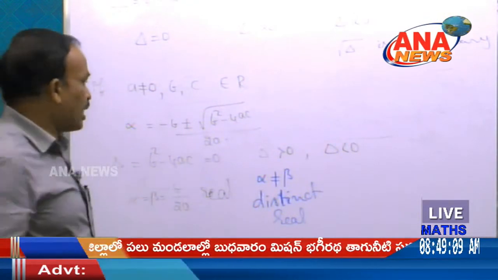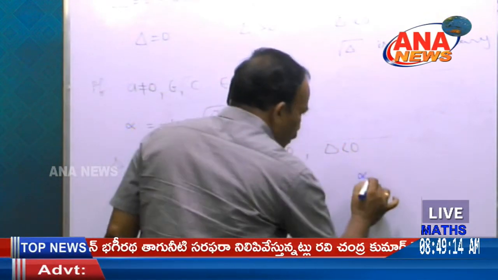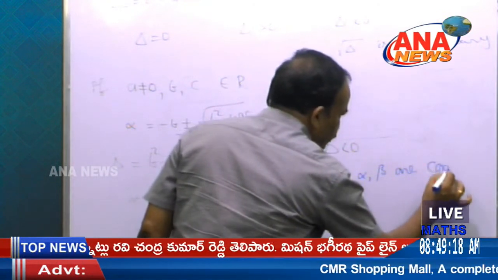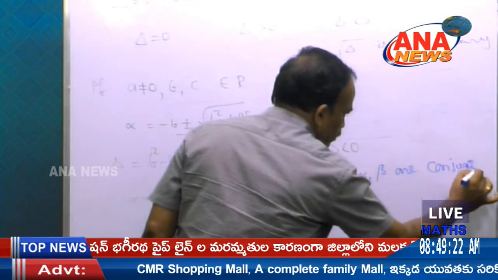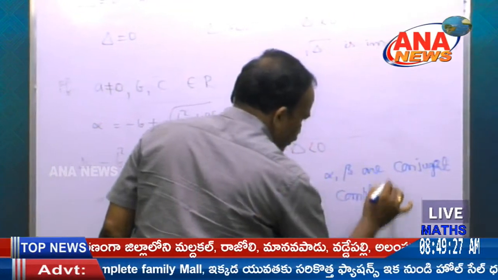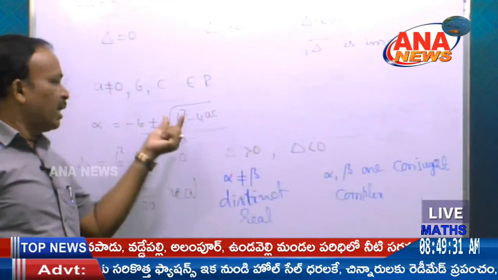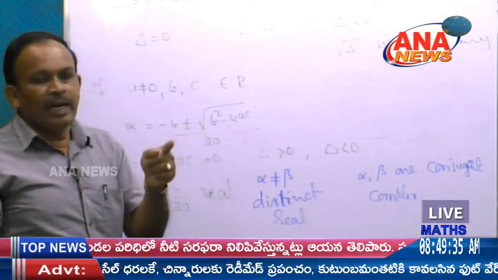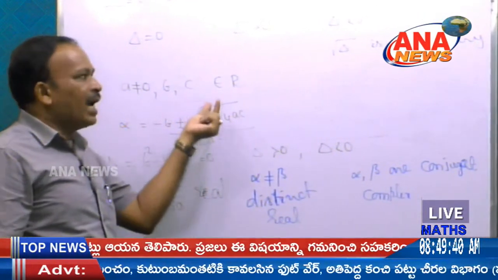Here alpha and beta are conjugate complex numbers. B square minus 4ac is negative, so root over something is imaginary. Minus b, where b is real, plus an imaginary.